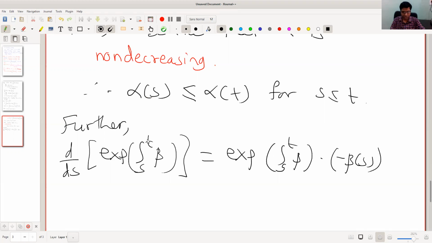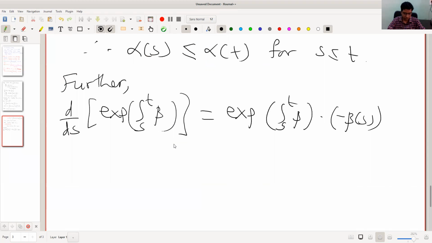Okay, upper limit is free from s, beta is also free from s. Okay, so this is differentiation under integral sign, that is beta of s.